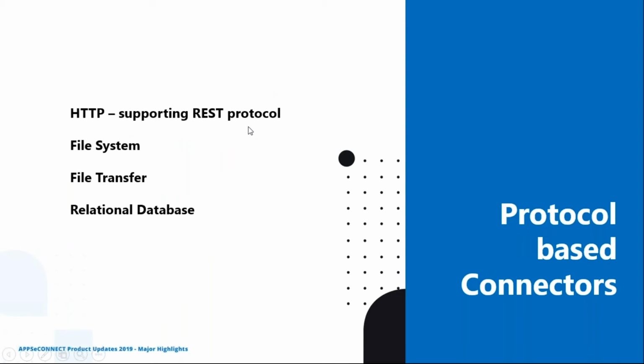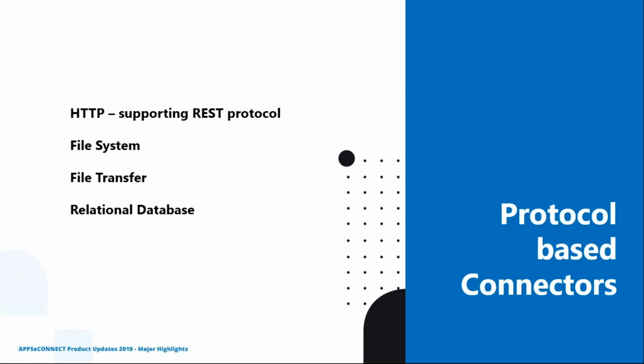So it is the REST API. It connects to a REST application without having support for it built into the application. So this is the protocol based connector. This is the scenario where you can use a protocol based connector. So any application in the world which has a REST API is supported in APPSeCONNECT.